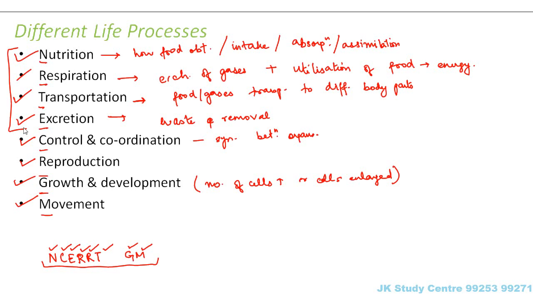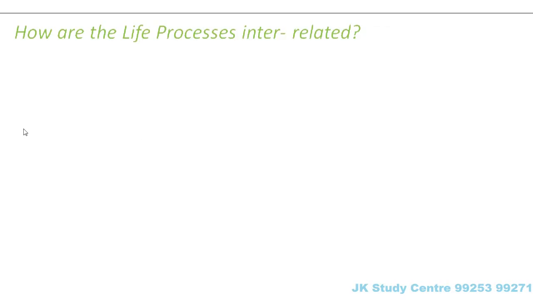In our next lesson we'll talk about control and coordination, then in the further lesson we'll talk about reproduction, and then about growth and development. So you got an idea about the agenda of what we are going to study in biology in class 10th. I think this introduction was good enough to give you an idea about life processes. We'll also see how these life processes are interlinked to each other.